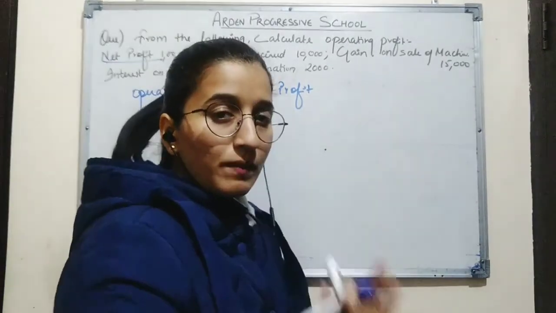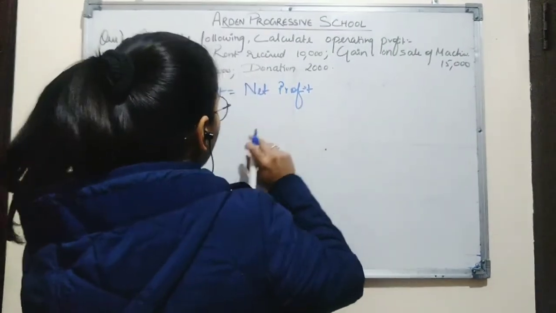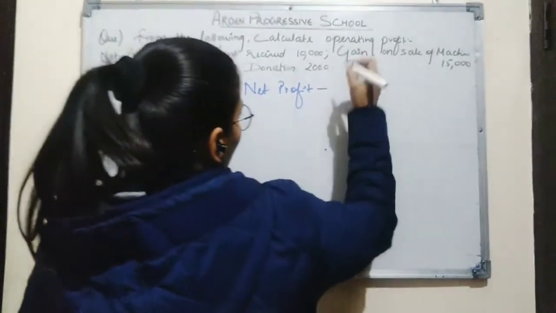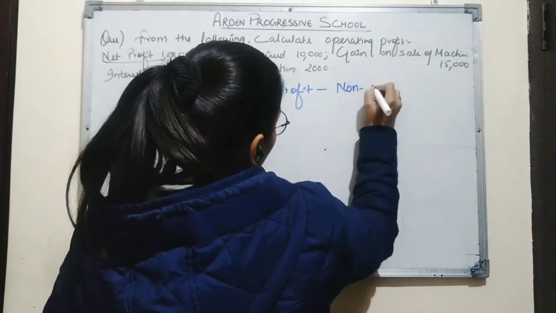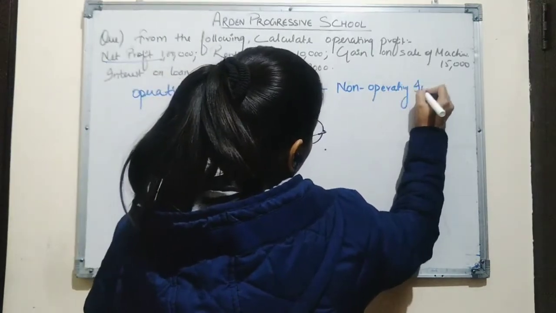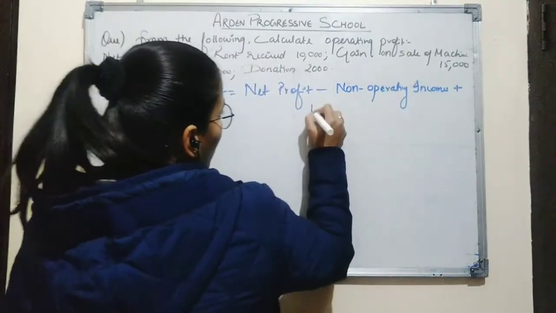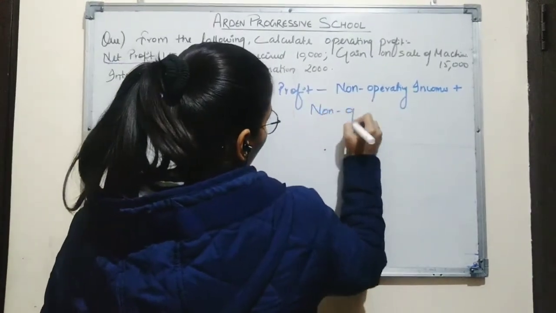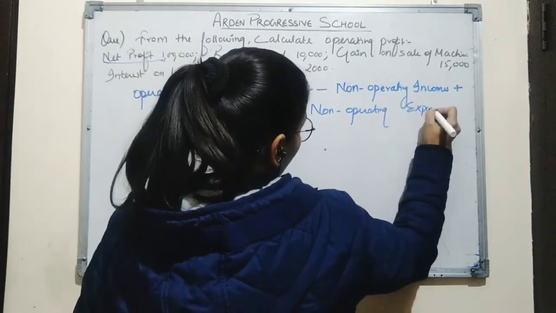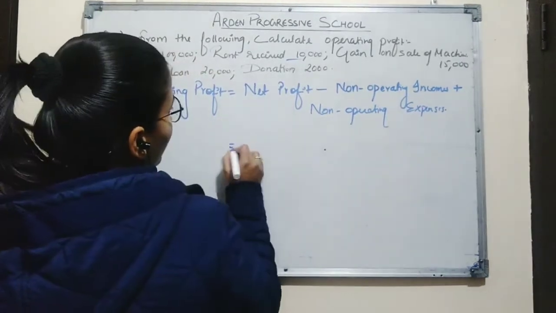Non-operating incomes will be added only in the gross profit. And while calculating the operating profit when net profit is given, we will deduct all non-operating incomes and we will add all non-operating expenses.